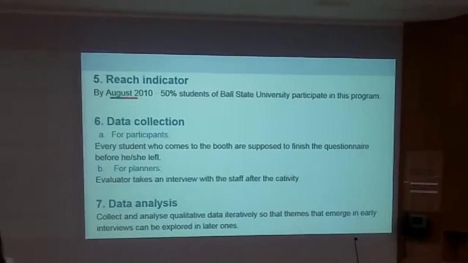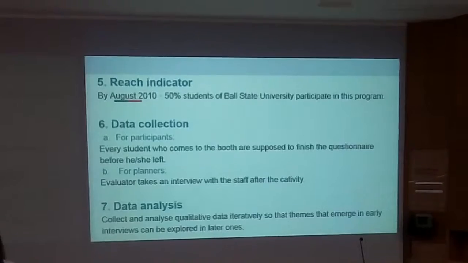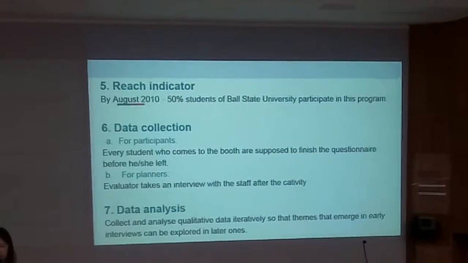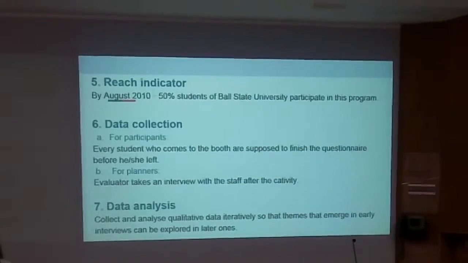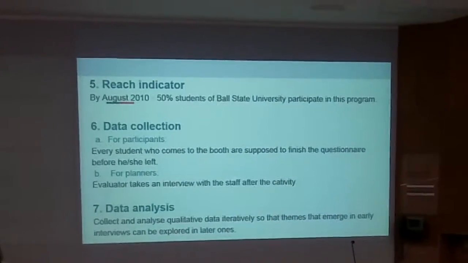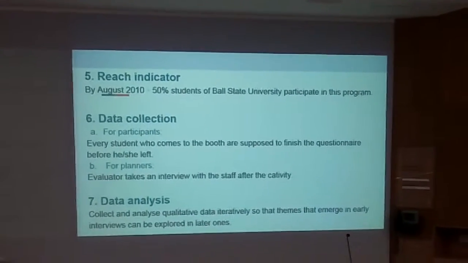For participants, we would use the questionnaire because we consider the population. And second, for the planners, because we want to get more details, we use the interview to check whether they know what they should do in this booth.